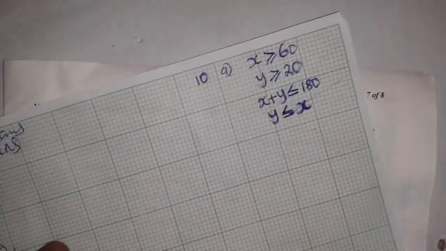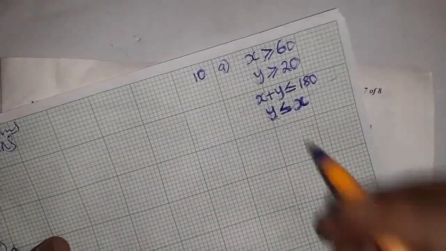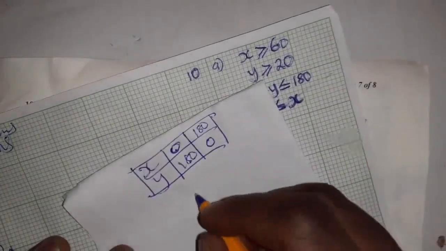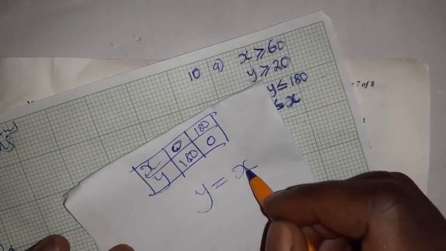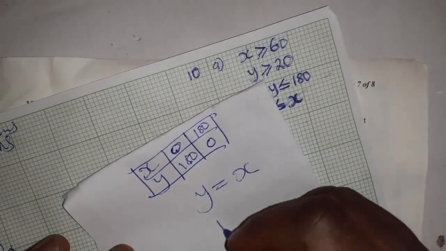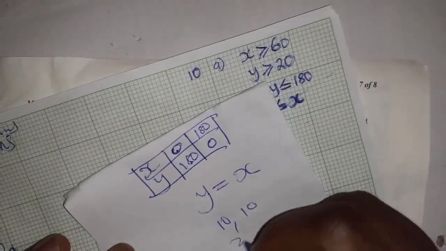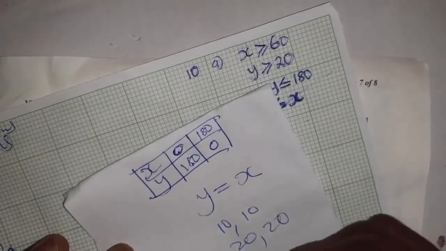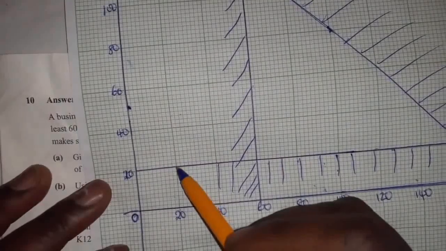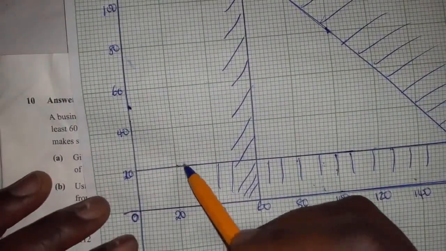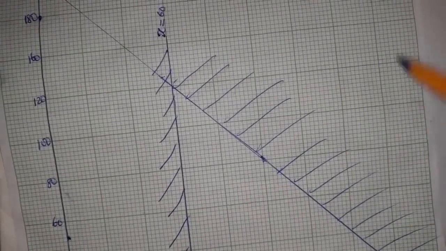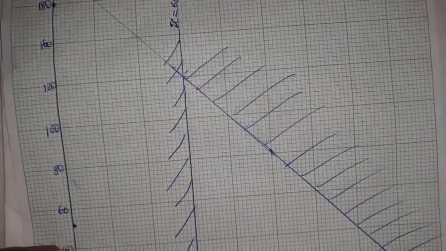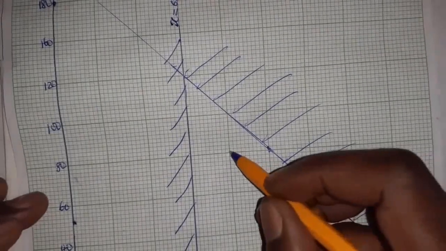Then the second one, in terms of an equation, this is y equals x. What is the y coordinate? It is the same as the x coordinate. So if you are dealing with 10, it's 10, 10, 20, 20, 50, 50. So when you come to our diagram, 20, 20 is this point. So we can even go to 180, 180, or 80, 80, is this point here.